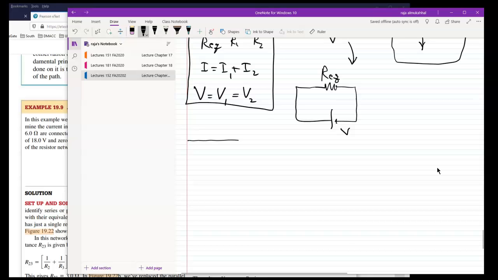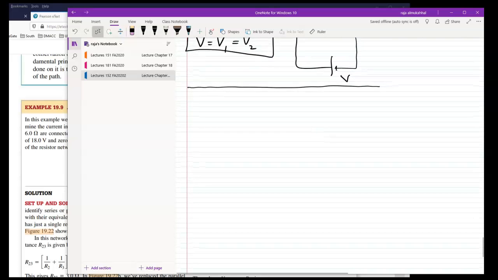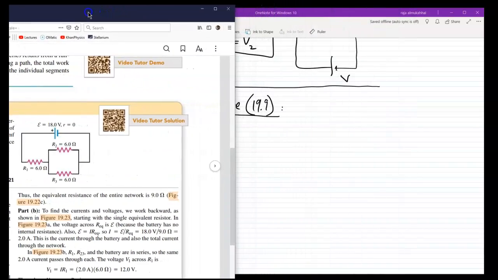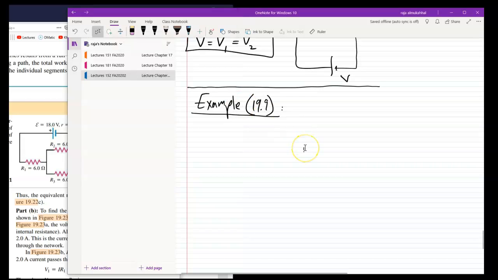There is a homework problem similar to this example. I think it's number 46 or something like that. Anyway, example 19.9. Let me put it on the side without leaving the screen. So what I have in here, here's the battery.